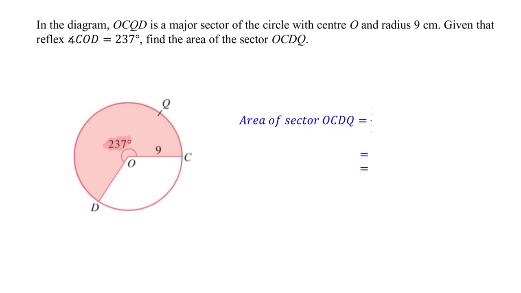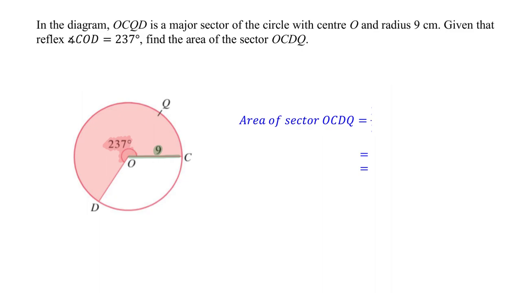Okay, we are given the angle here, so if I divide by 360 degrees, that will give me the proportion of this sector. And after that, all I have to do is to multiply by area of the circle, pi r square. And we've got the radius here.